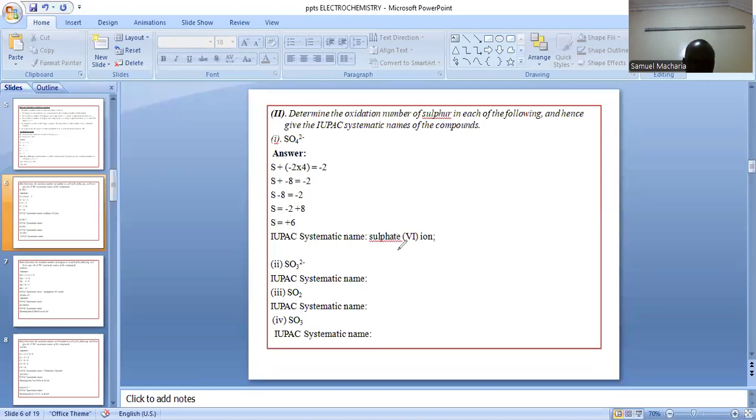So we now work out for SO3. Because we now see that we have S plus, into bracket, the oxidation number of oxygen is -2 multiplied by 3. There are 3, close the bracket, equals 0.